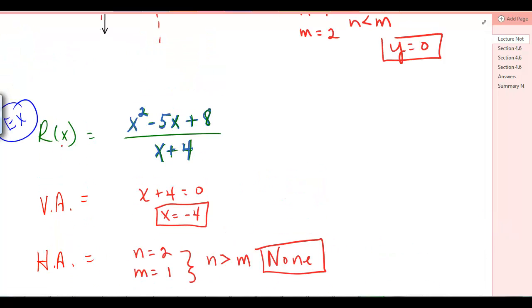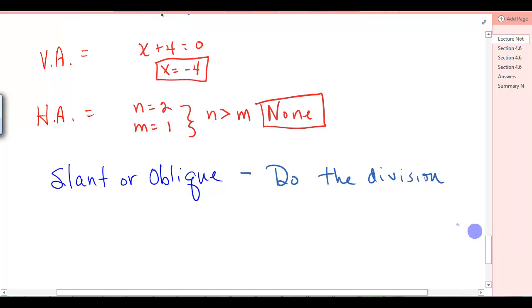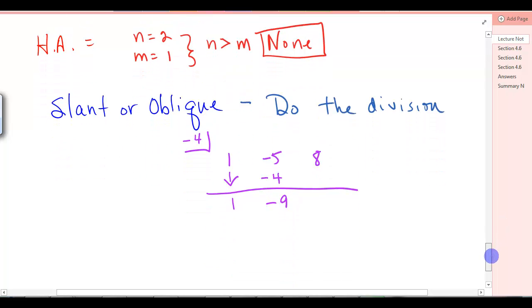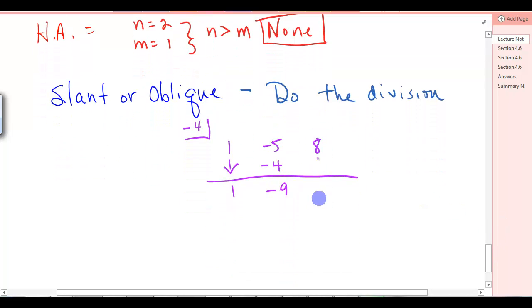Now we can do this here with synthetic division. We can have, let's do 1, minus 5, what was that other number, 8, and we'll be dividing by -4. Let's see what we got. And when you're doing this division for the slant, you can ignore this last part.